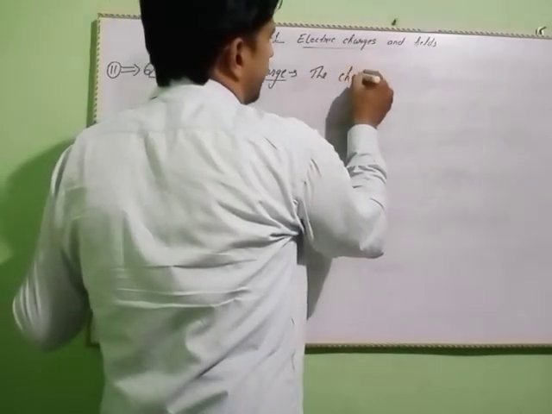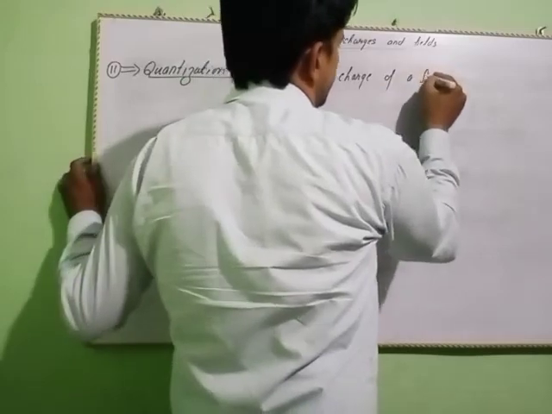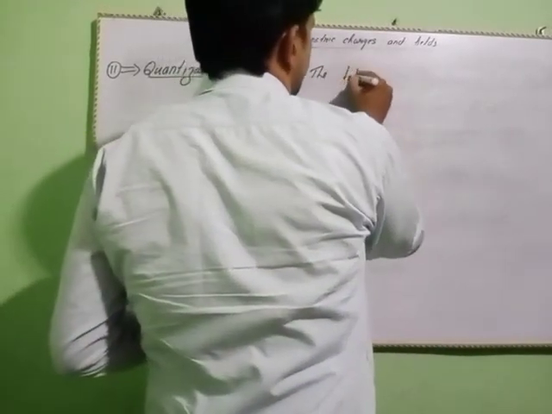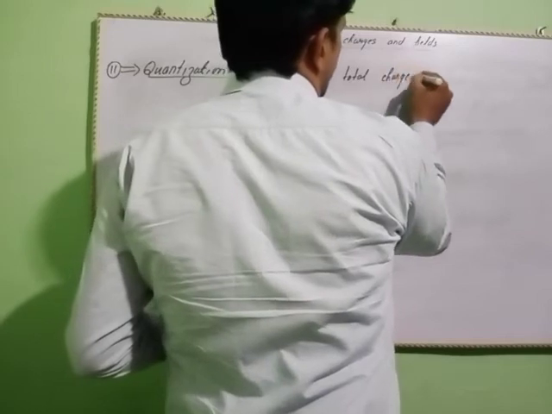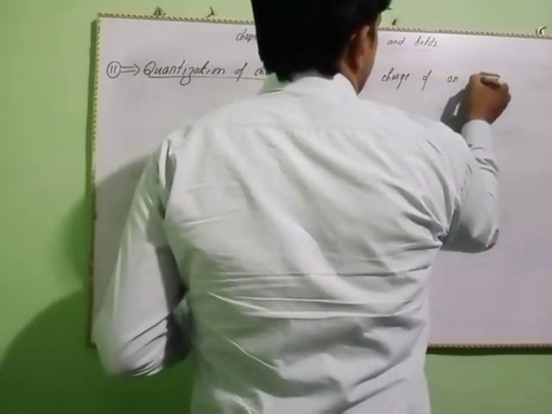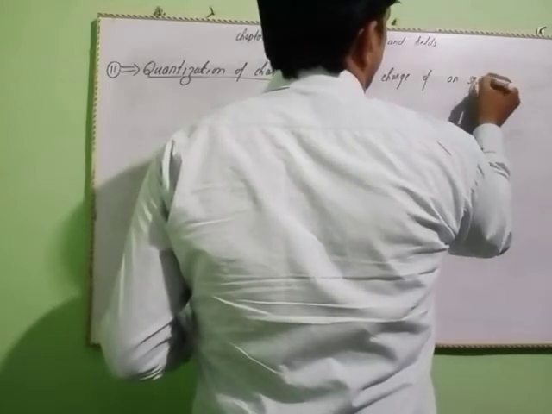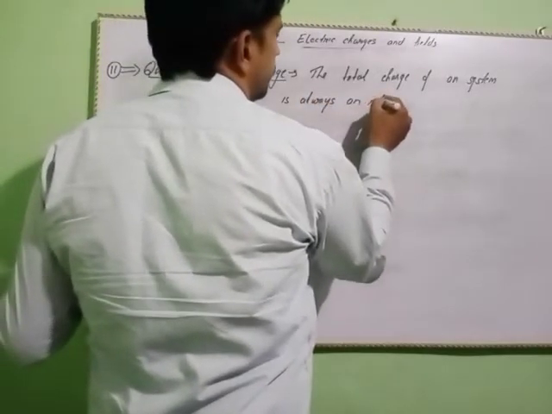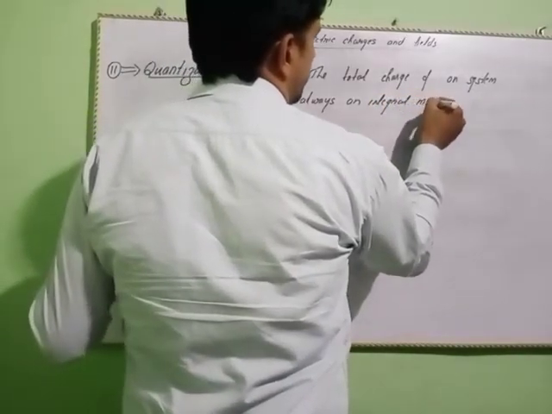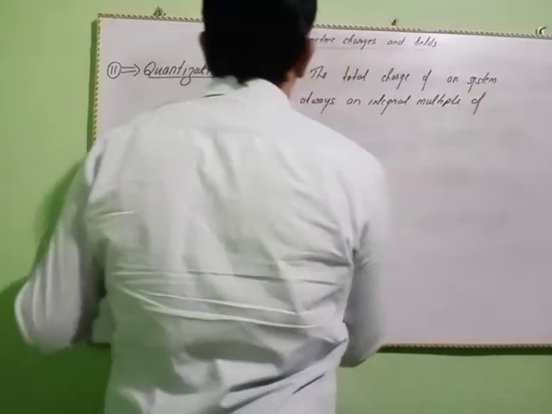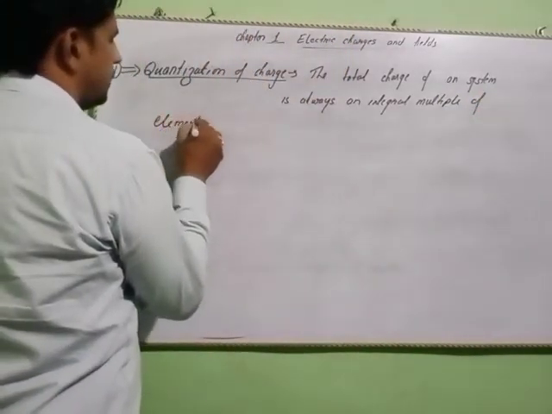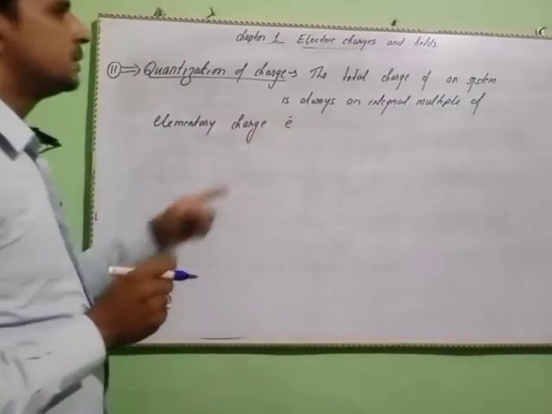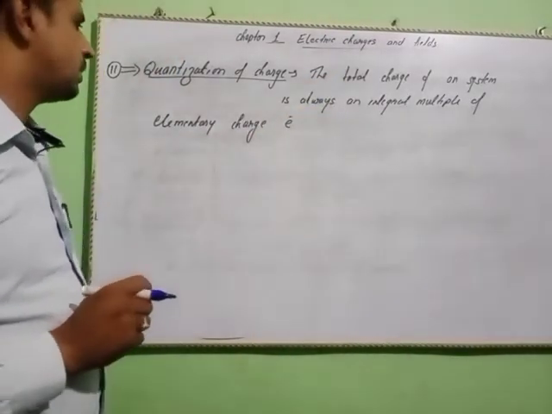The total charge of a system is always an integral multiple of elementary charge e.